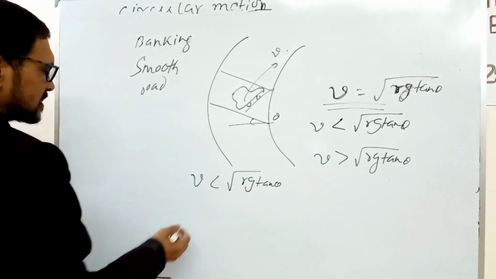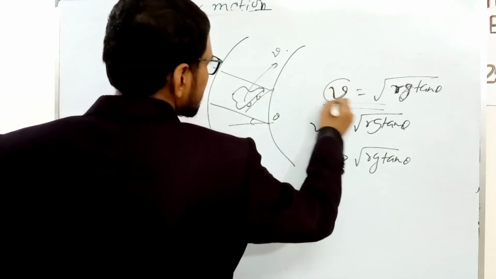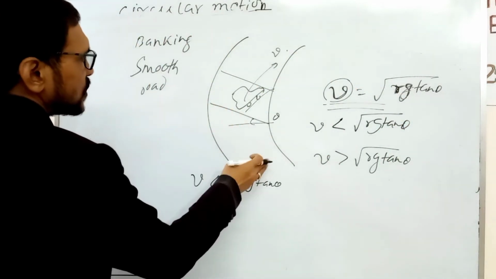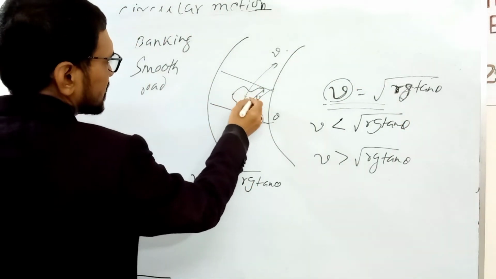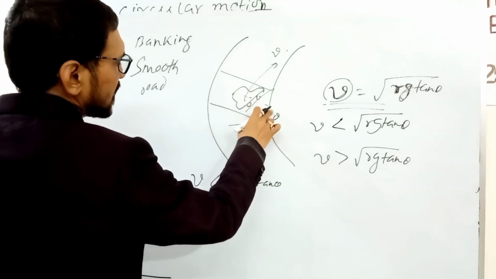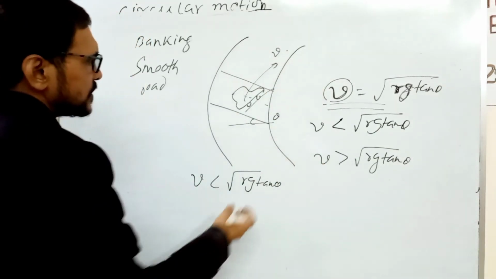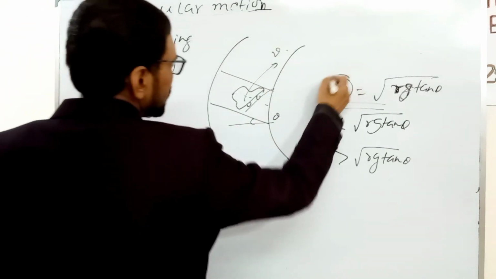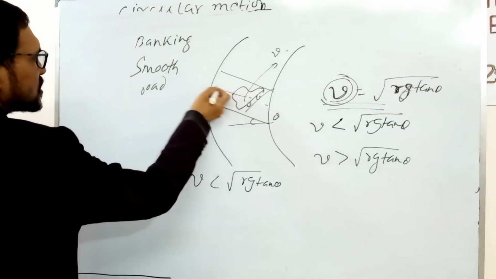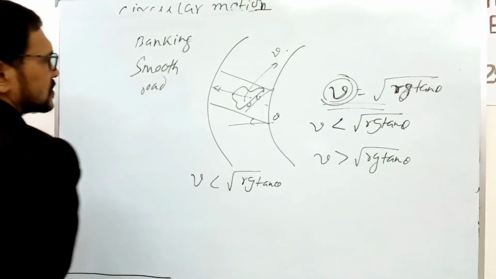If v is less, then r should be less. That is, when velocity is lower, the car goes down along the inclined plane, so the radius r is small. And when v is more, then r should be more. So when v is more, the car goes up along the inclined plane, so that r is more.